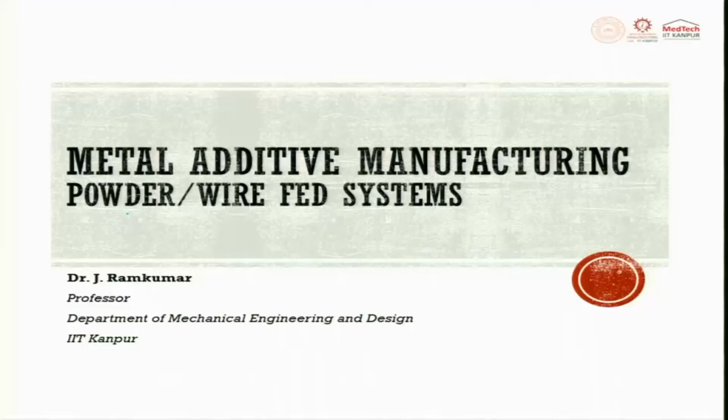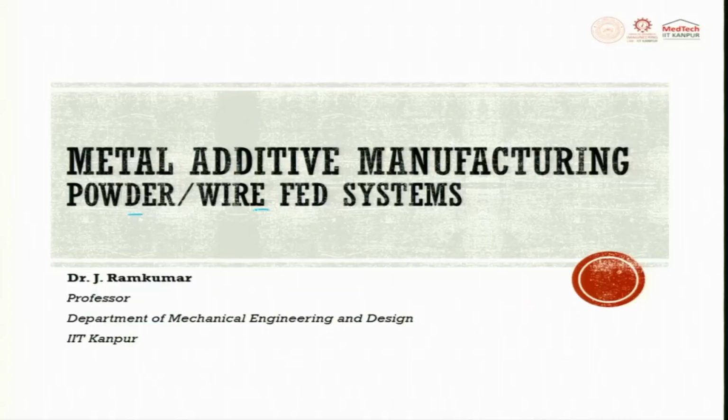Why is agglomeration important? Because this agglomeration in turn will try to dictate the minimum wall thickness, the surface area whatever you are generating, and also defects which are produced in metal additive manufacturing. So, we will be looking at it in detail about powder feeding mechanism. At last, we will be looking at wire feeding.